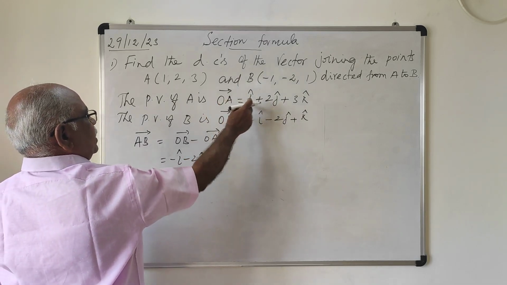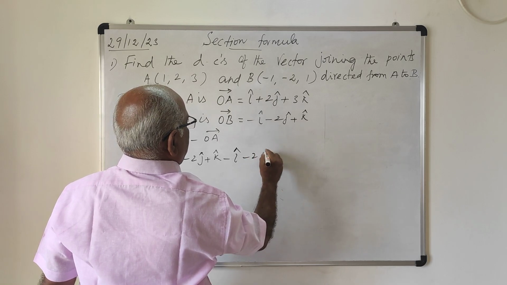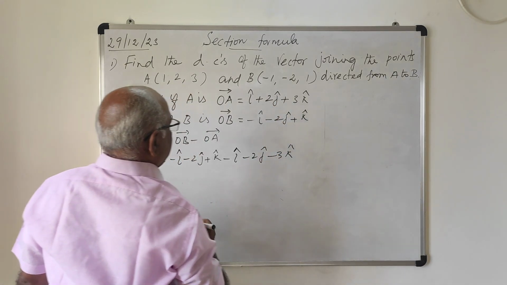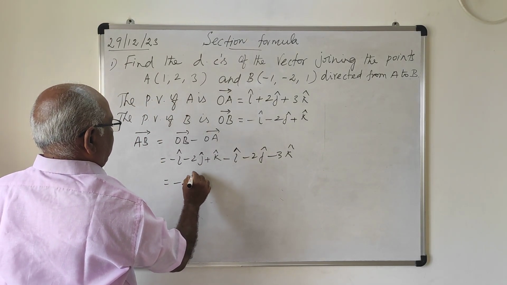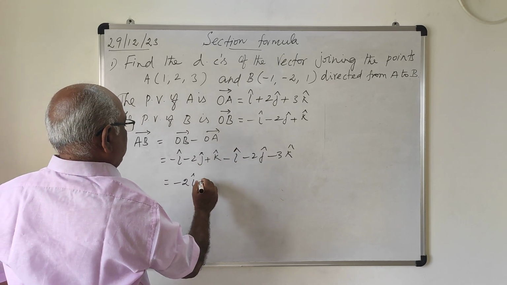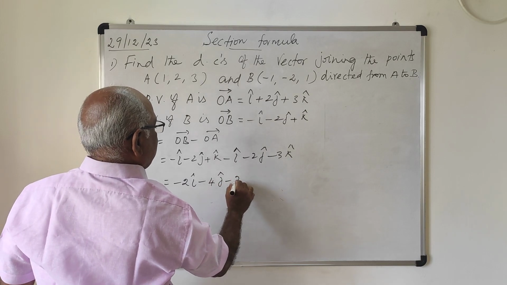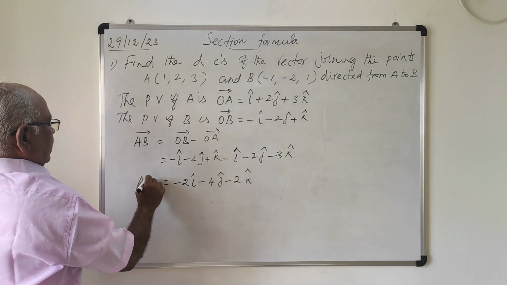Multiplying OA by the minus sign, we get minus i minus 2i, minus 2 minus 4j, and k minus 3k, which gives minus 2k. See, this is the AB vector.